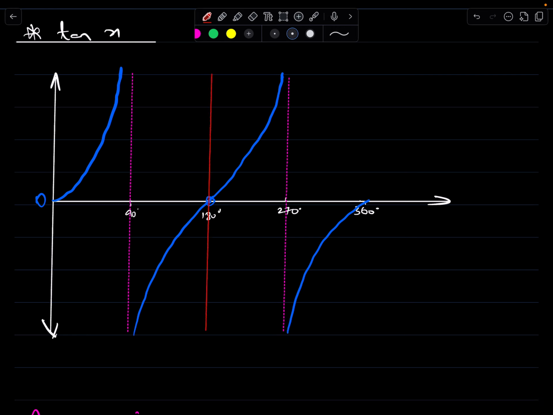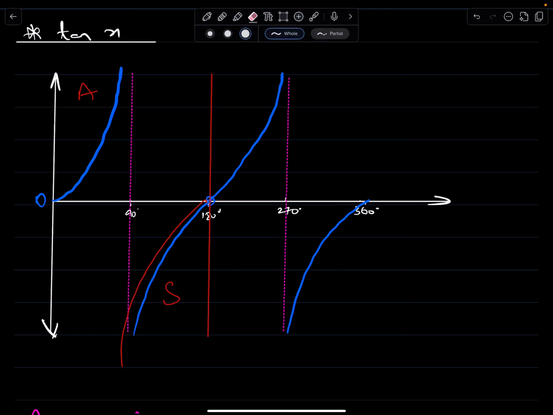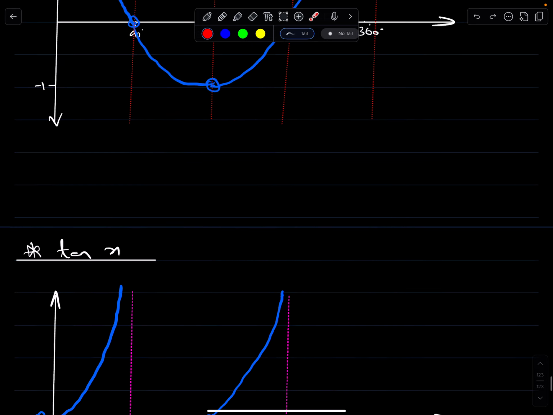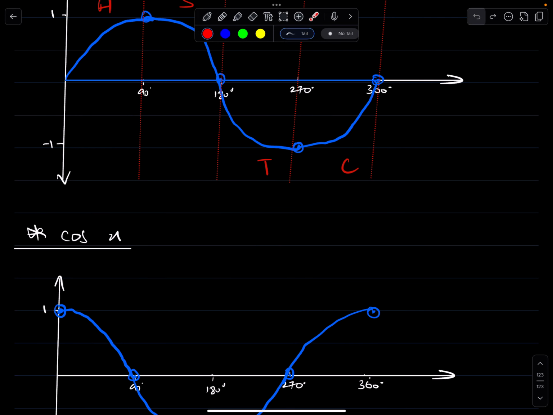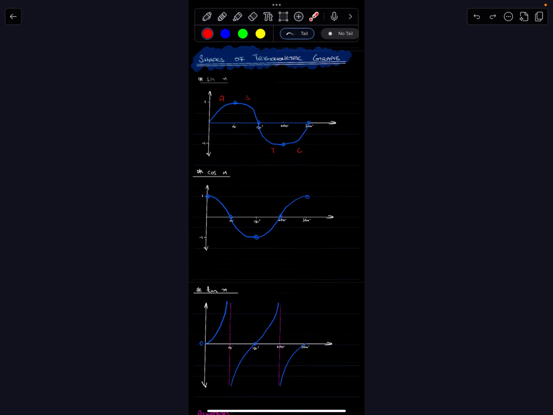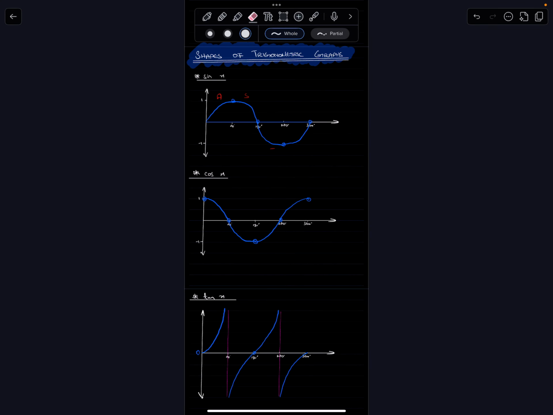We already have two asymptotes. I'll just draw another line at 180. So AS, since this region is negative, and then T and C. And this is also correct because the graph of tan is positive only in the first and third quarter. Alright, then just erase these lines. So these are our basic trigonometric graphs.